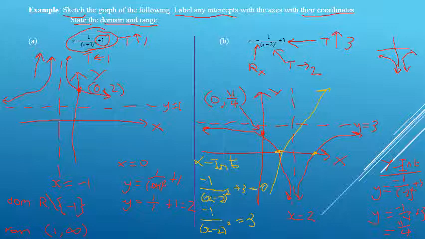Alright, so the best way to solve this is this now becomes -1 over -3 is equal to (x take 2) all squared. I'll explain what's happened there.